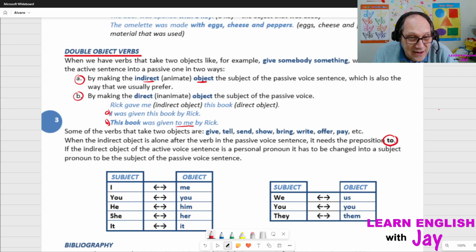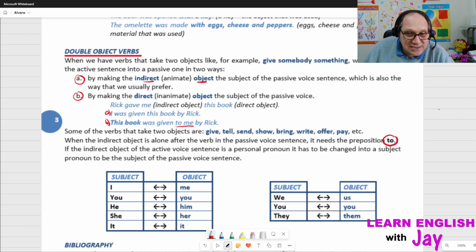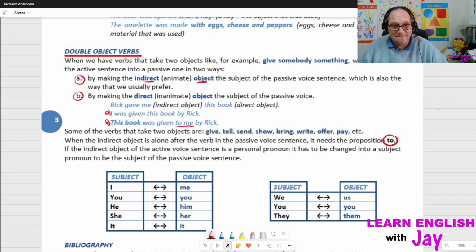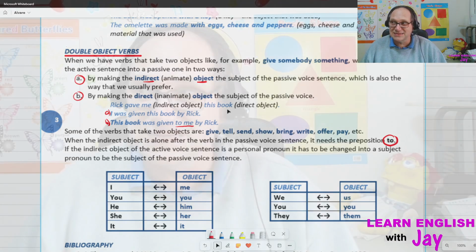And if the indirect object of the active voice is a personal pronoun, like, for example, I, you, he, she, it, etc., it needs to be changed into the object pronoun. I becomes me, you becomes you, he becomes him, we become us, they become them. So that changes ever so slightly. And that's it. That's the passive voice.